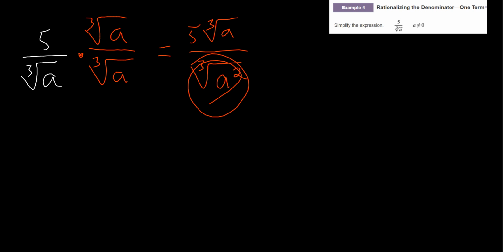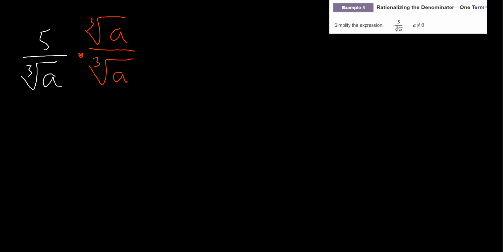So instead, going back to the example from 2 examples ago, right here we have an a. We need to get it to an a cubed. How do we get this a into an a cubed? Then it must be an a squared.